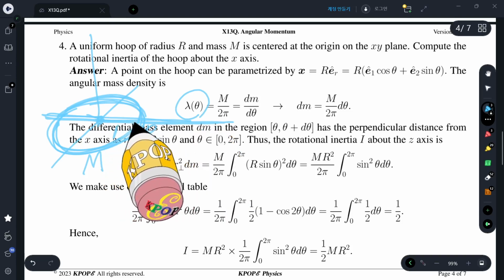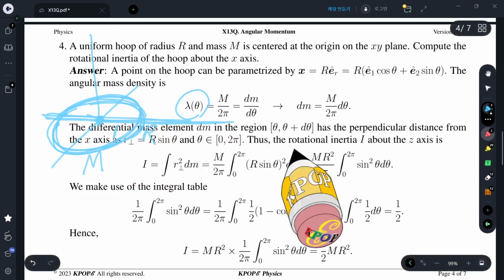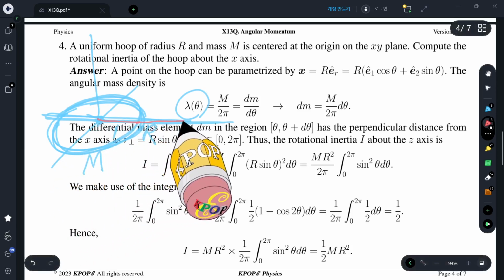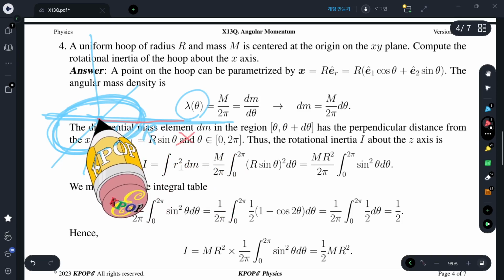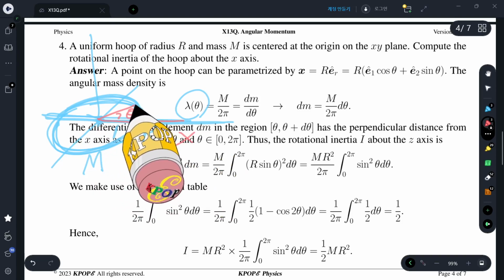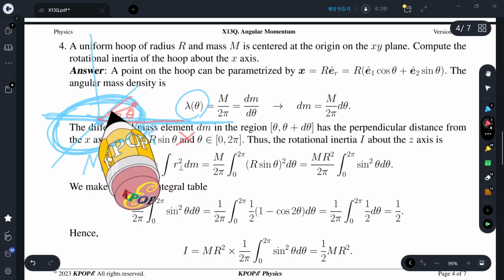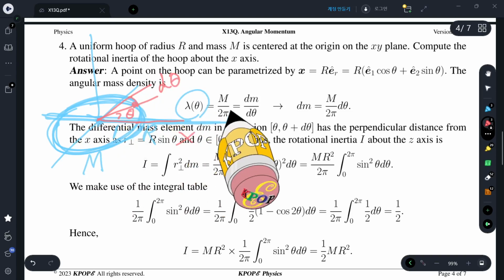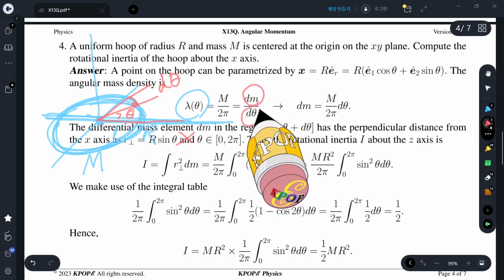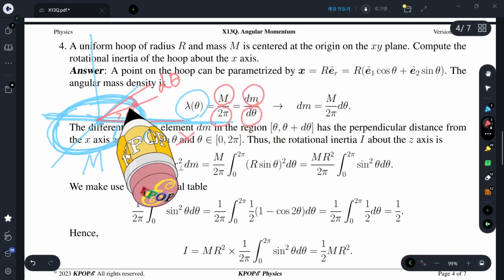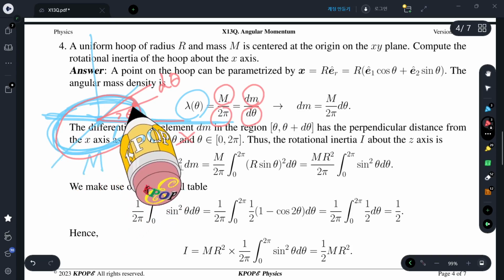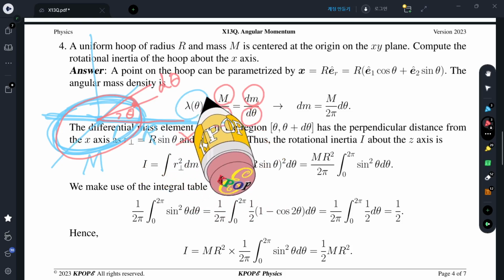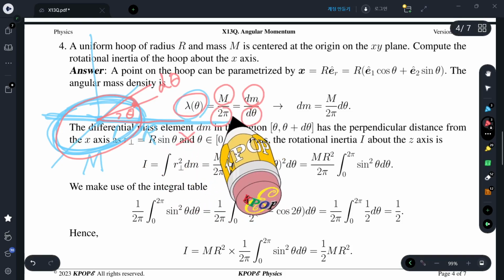Again, the distribution is now parameterized by the angle about this x-axis. Let us choose an angle d theta, and for any small angle, the mass over the whole complete angle 2 pi gives a proportionality.